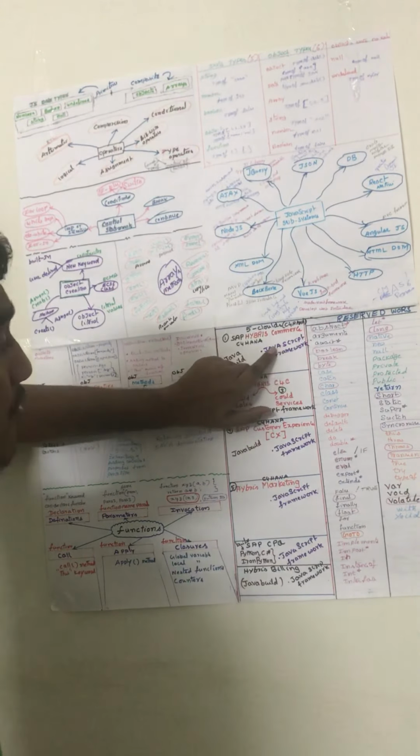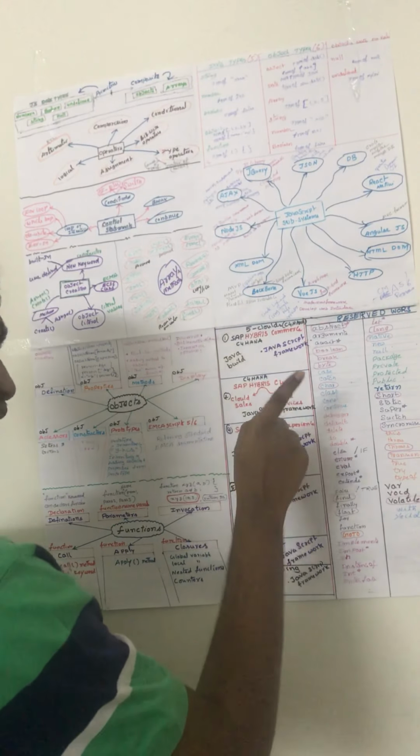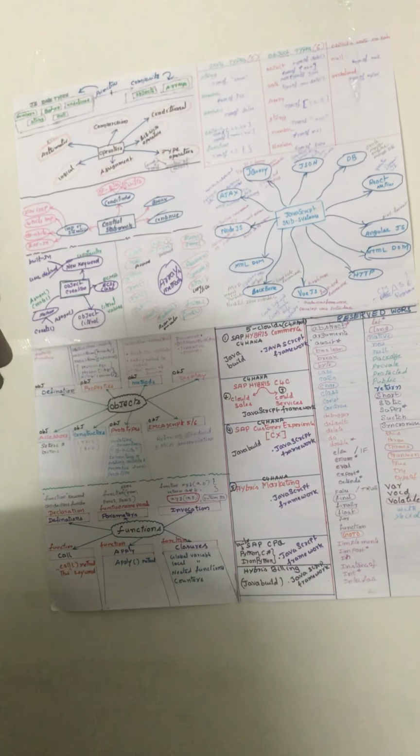It's related to C4HANA, and in C4HANA there is SAP Hybris C4C. We have 2 clouds here. One is Cloud Sales, and another is Cloud Services. Even here we use JavaScript framework. And the fourth one is SAP Customer Experience, designated as CX. It is Java build, and even here we use the JavaScript frameworks.